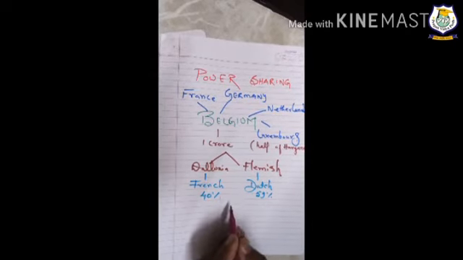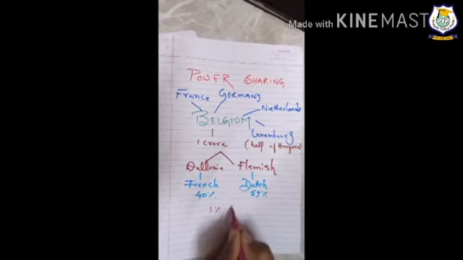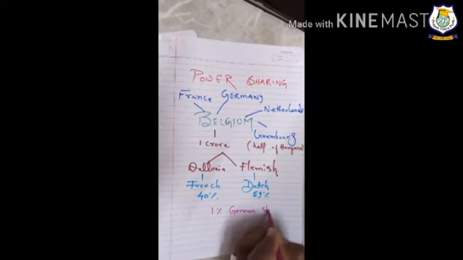Apart from these two, there are 1% German speaking people.